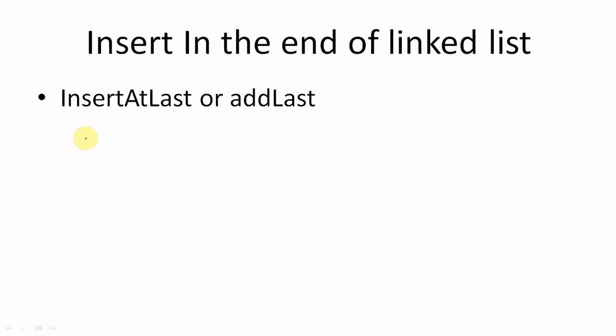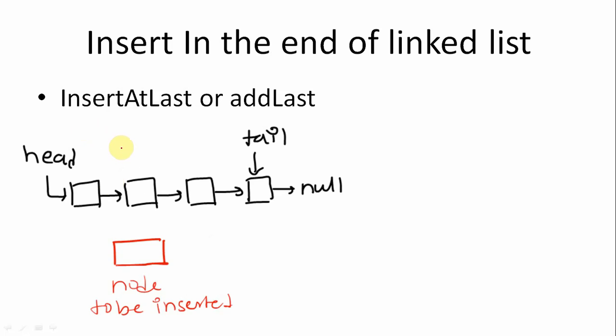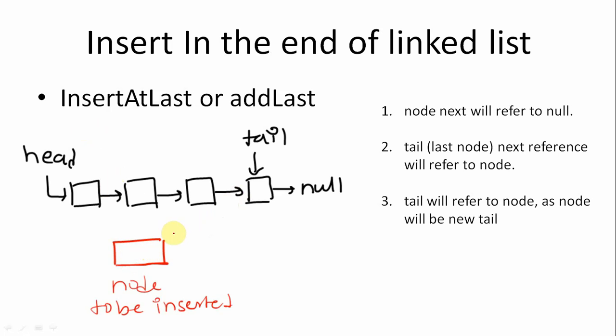Now look at the scenario for insert at last or add last, which is also known as insert at tail. See, if I want to insert this particular node at tail, what I have to do? Node's next reference will refer to null. So first I have to set the next reference of the node to null. Then the tail's next reference will refer to the node. Now I have to set this link. Okay. And then what I have to do?